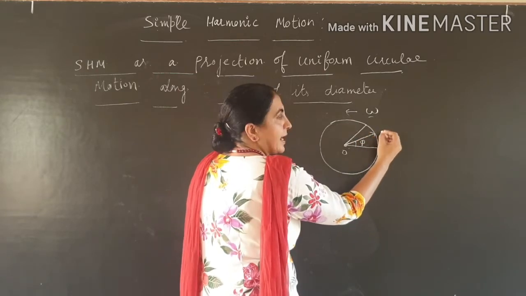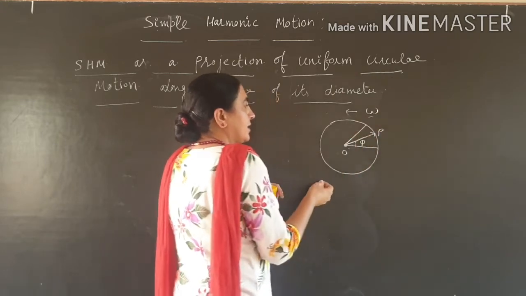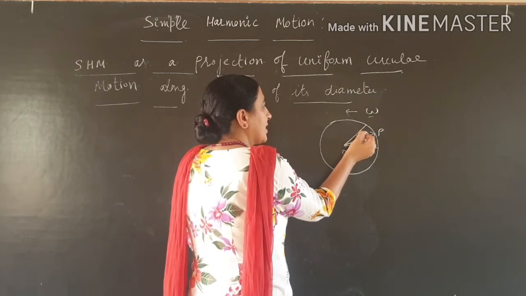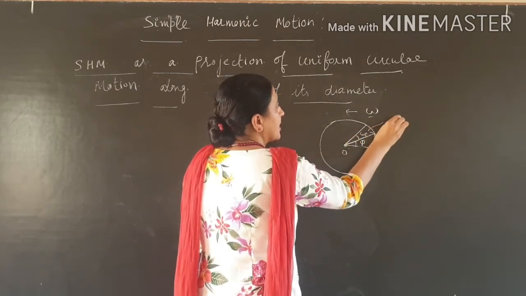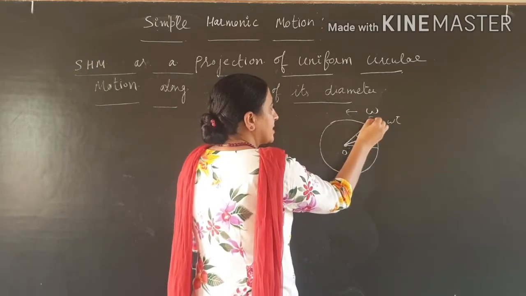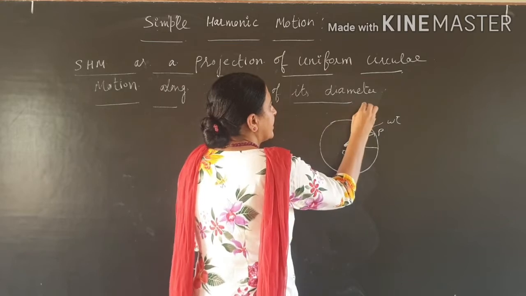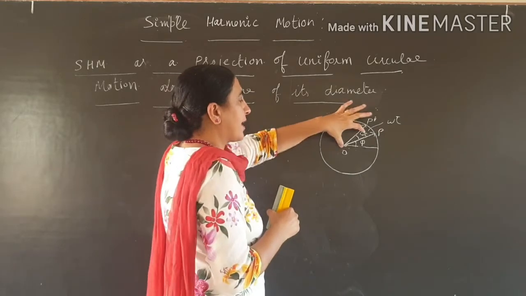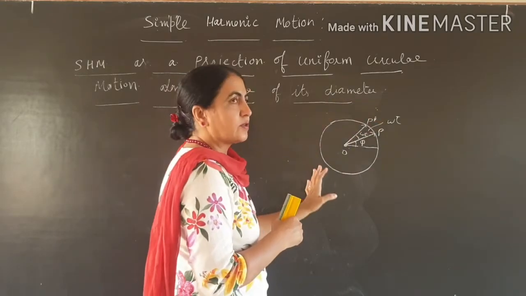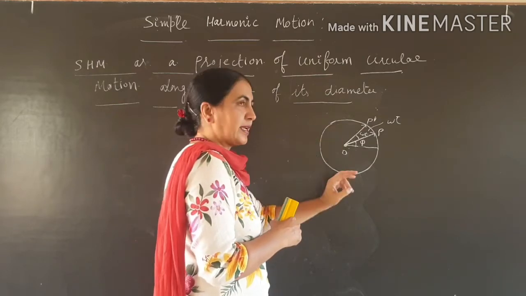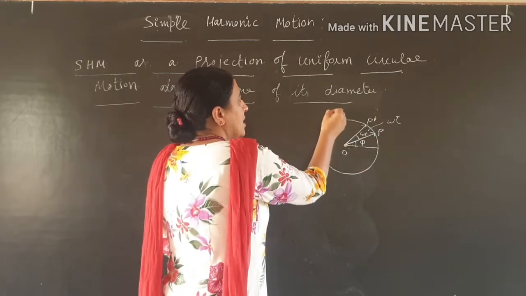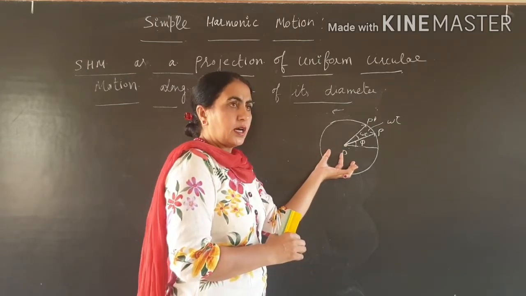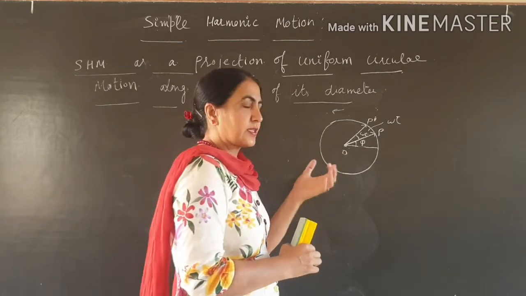After another small angle, omega t, the particle is at point P dash. Here this is the tail of the particle vector, moving in the anti-clockwise direction. Here it is the origin, the center of the circle.